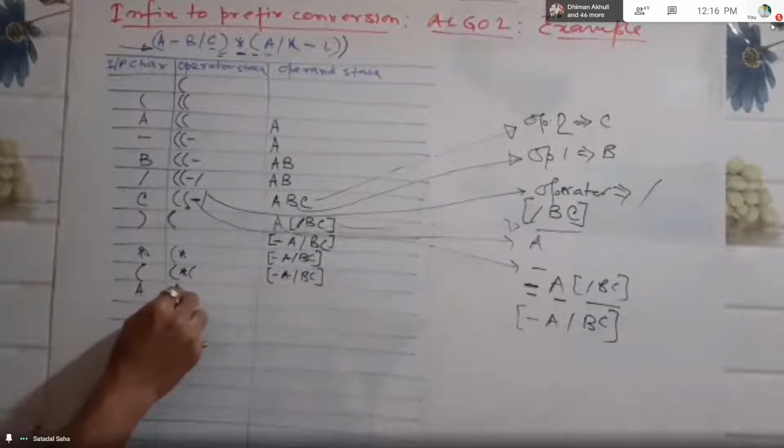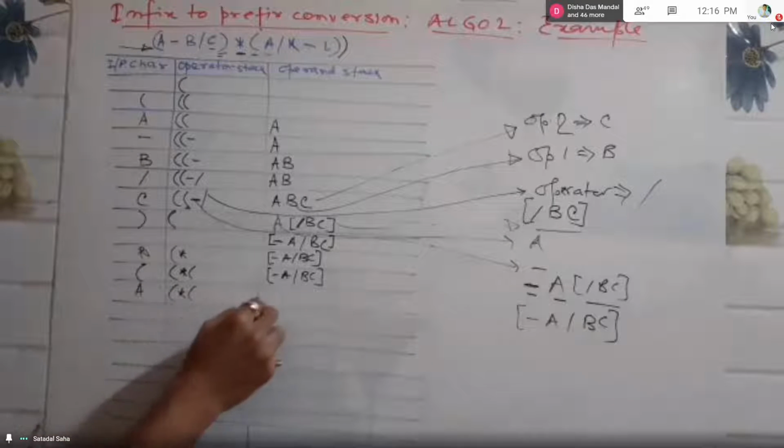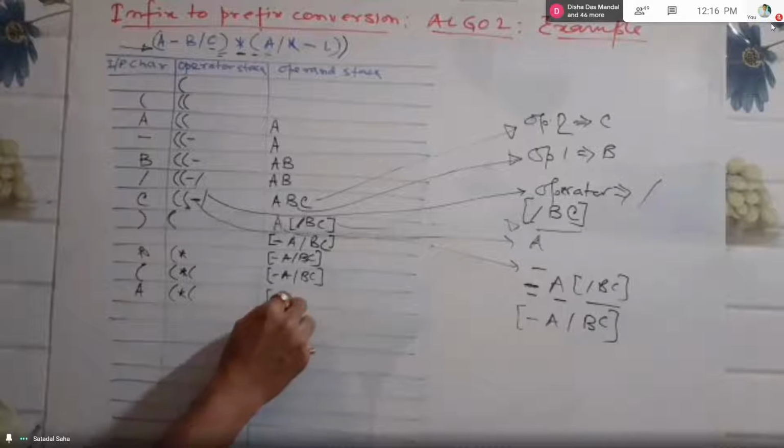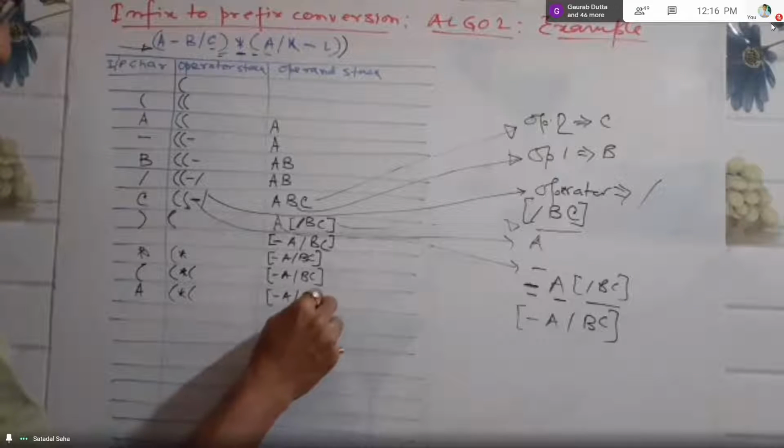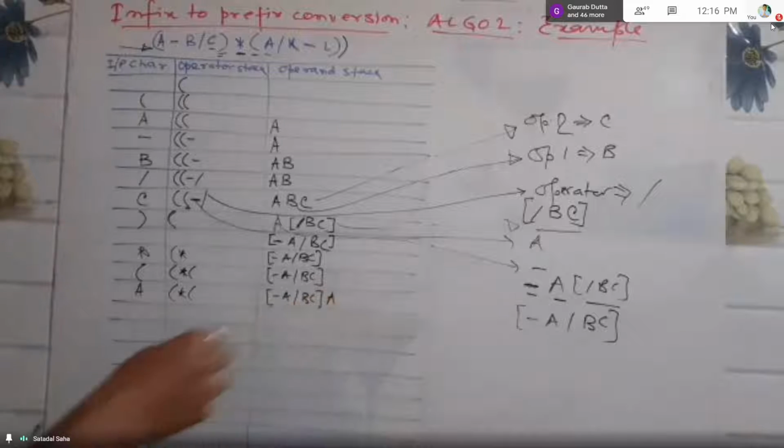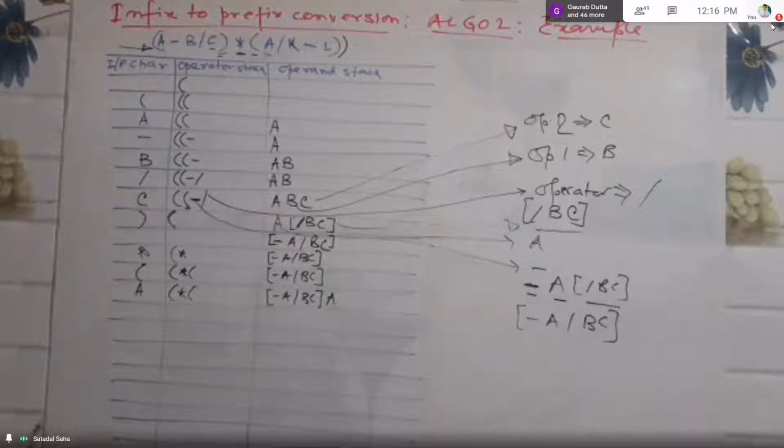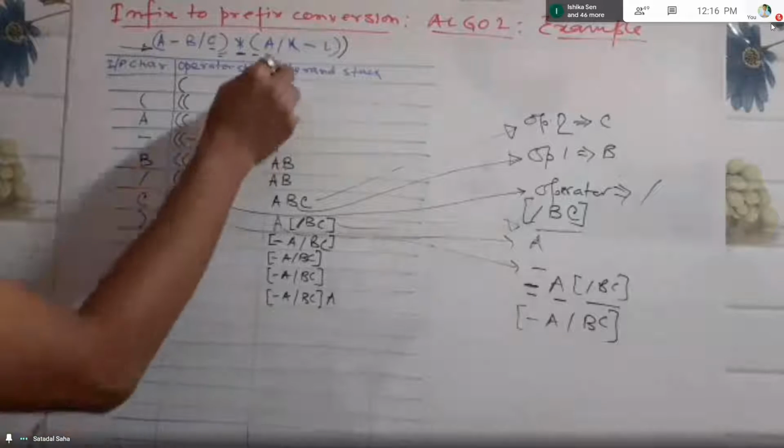Then you press this A. A is operand, so you push it into the operand stack. Then you press slash, this one.